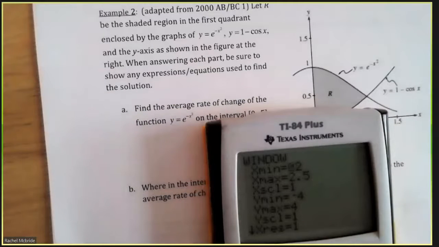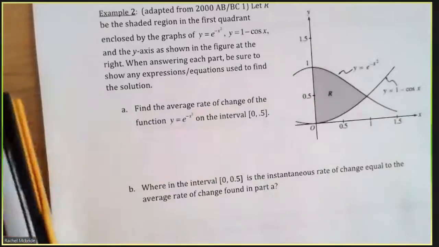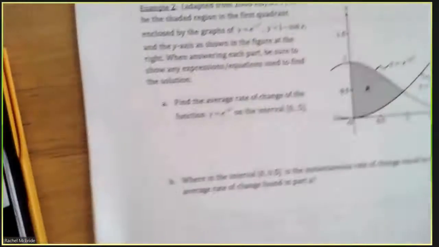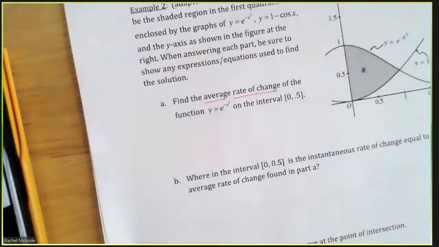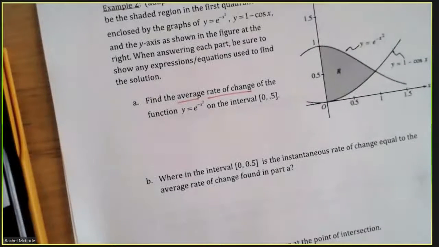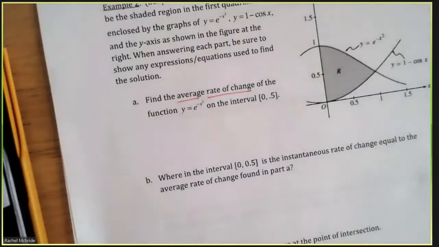So that tells me my x min is 0, because y-axis. When answering questions, be sure to find any expressions, equations, etc. So it says find the average rate of change. So average rate of change. So that means, to me, I'm thinking, okay, rate of change, and then I'm thinking average.